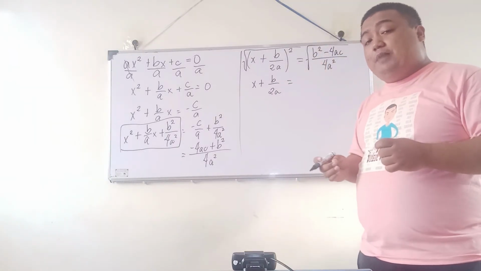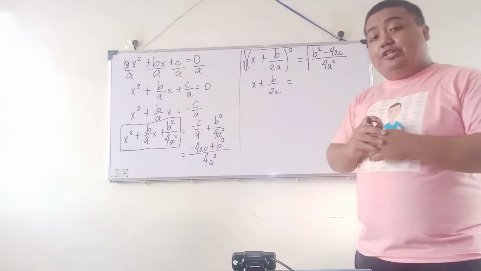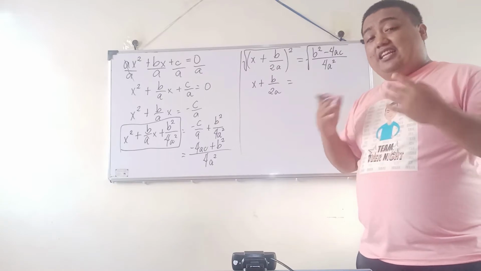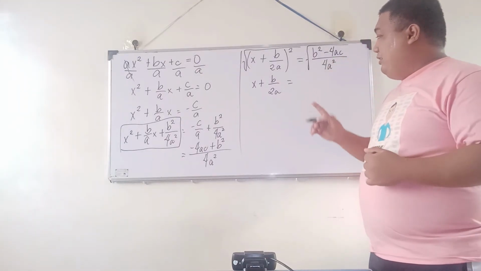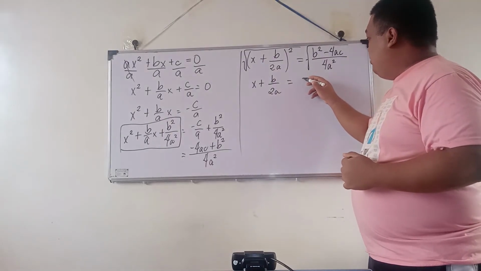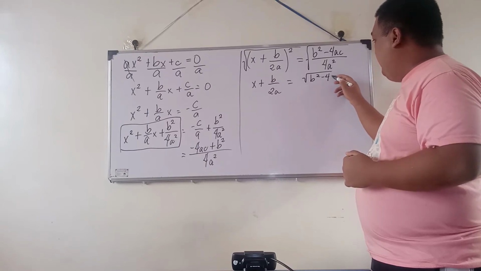So dahil si b squared minus 4ac ay isang expression at meron siyang middle operation na minus, we cannot extract the square root. It means mag-stay at least siya as square root of b squared minus 4ac.